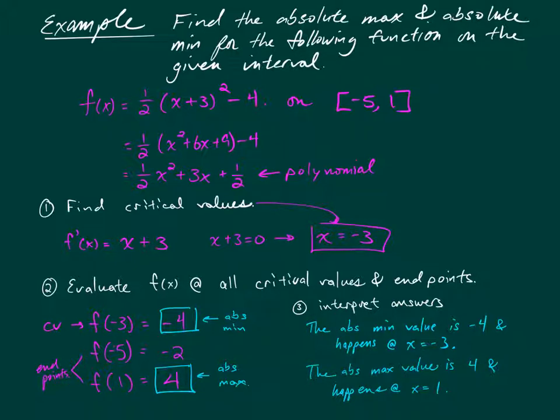Now I want to run through this same example on the next slide, but just with a couple different intervals, just to give you all an idea of how intervals can affect the process with using the extreme value theorem.